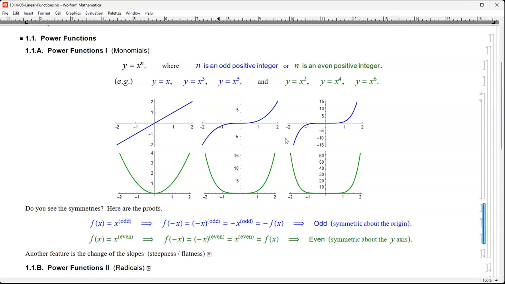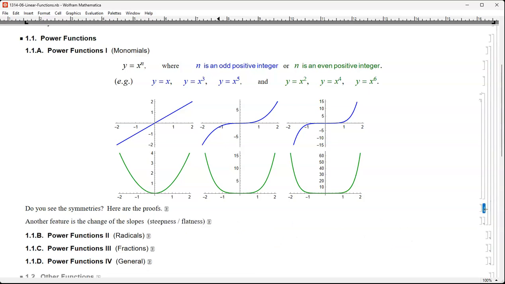Overall, decreasing and then hit a local minimum, which is an absolute minimum as well, and then increasing. So here, decreasing and then increasing. Minimum here. Here, strictly increasing all the way. So that's what you're looking at from the graphs.